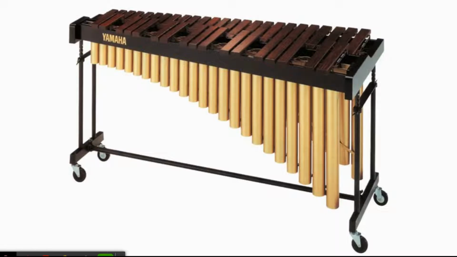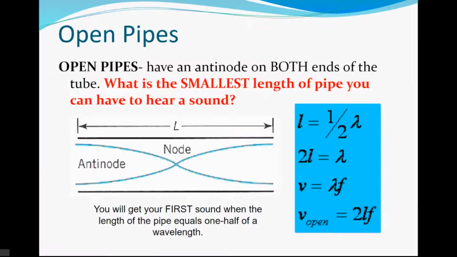So let's say you have a marimba. Now, a marimba is basically a whole bunch of different lengths of tubes that are open at both ends. Well, sound is different in the way that it resonates in a tube like this, in that you need an antinode at both ends of an open tube.